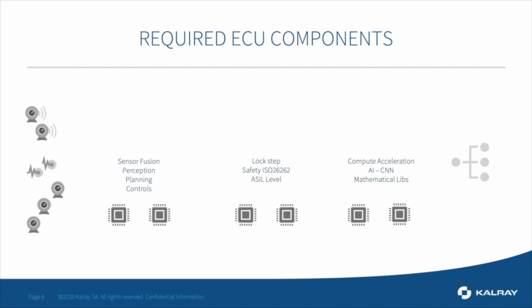If we look at the components that are required within the ECUs, more or less, you have the sensors that input data. And as I was explaining, you need to fuse the data from these sensors to be able to act on the perception and planning and to do the control.